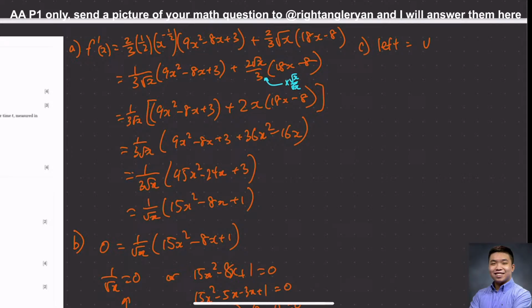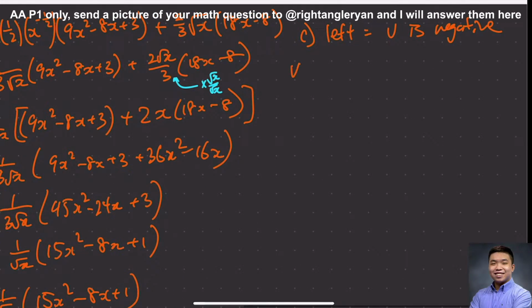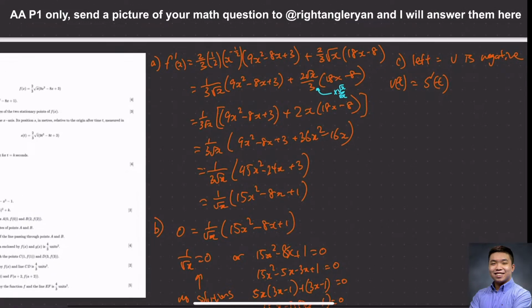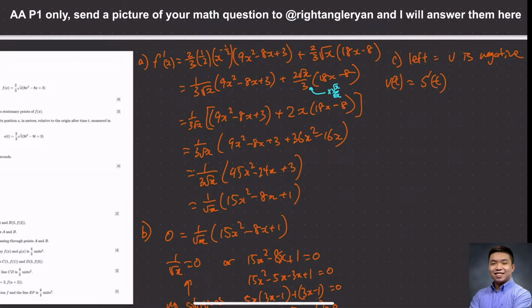Now, since velocity is equal to the derivative of s, what we want to do is to differentiate the function s(t). We already derived it in part A, so we know v(t) is equal to 1 over square root of t, times 15t squared minus 8t plus 1, right?